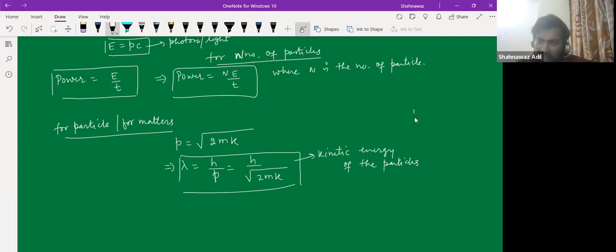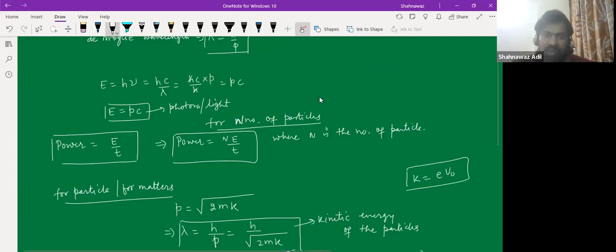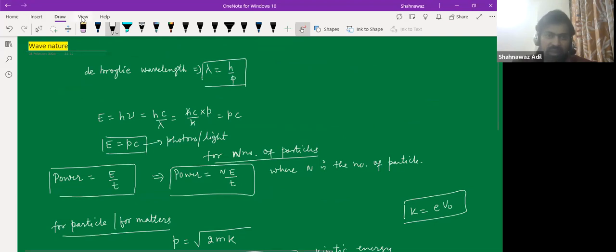So kinetic energy was eV naught. So we can also write lambda is h by root 2meV. This is in terms of potential. So these are the things that we have to remember to understand all these things. Quickly note down these things, and then we'll do some questions. Please note it down.